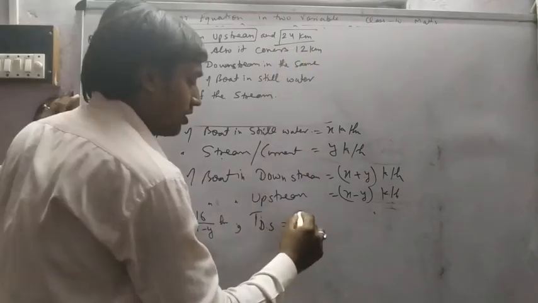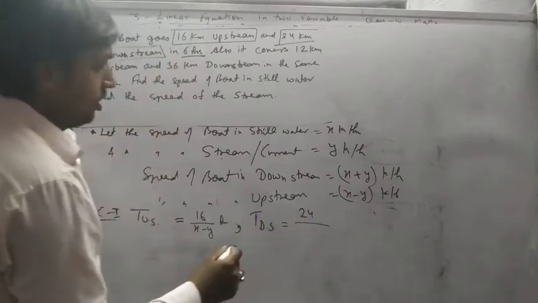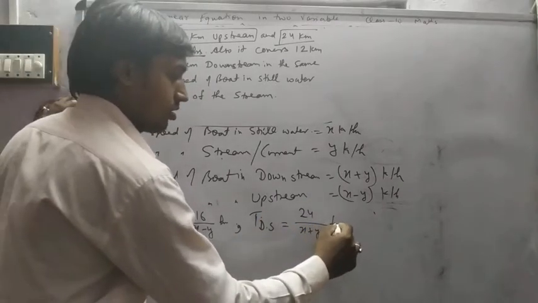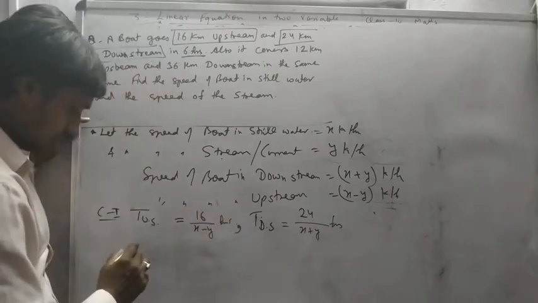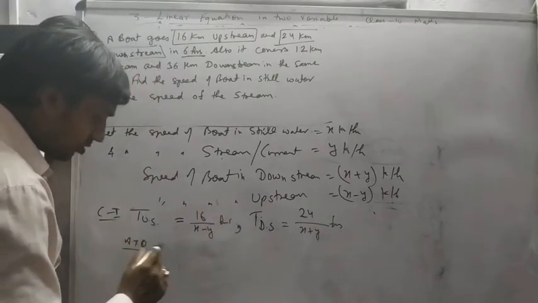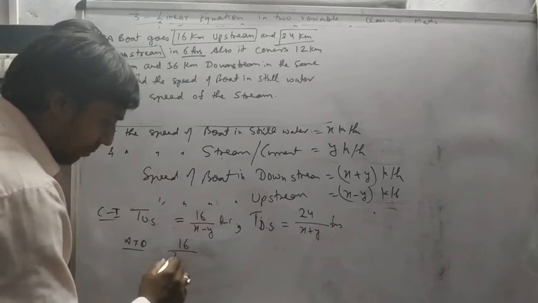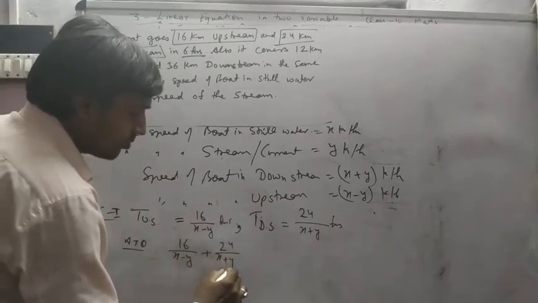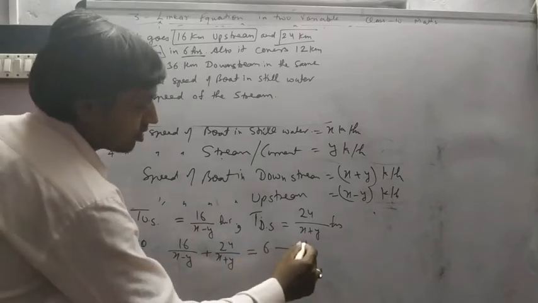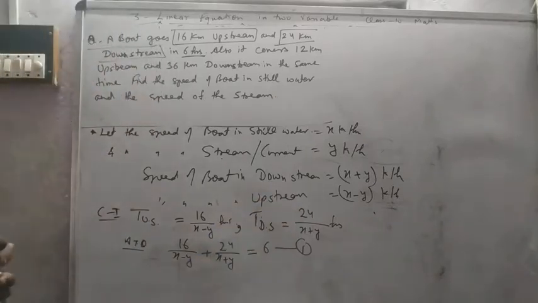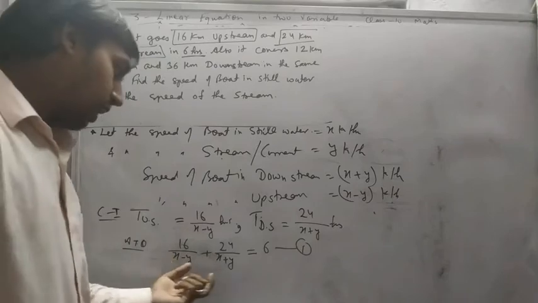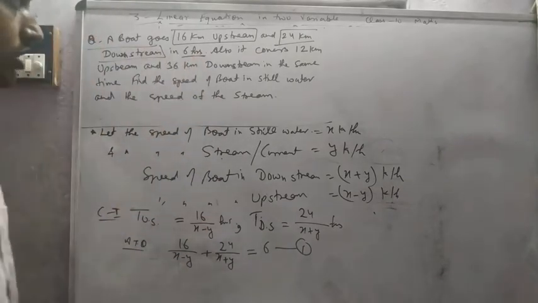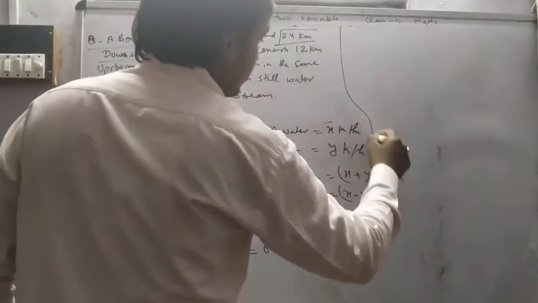Distance 24 km, speed x plus y hours. So according to the question, upstream time plus downstream time make 6. Equation first: upstream time plus downstream time is equal to 6 hours. Total time 6 hours.